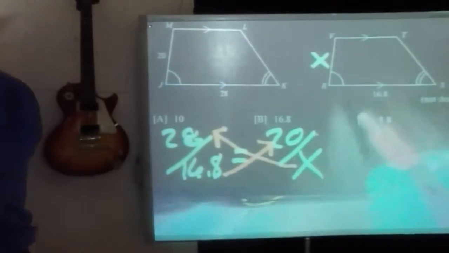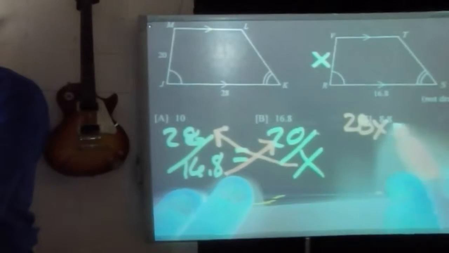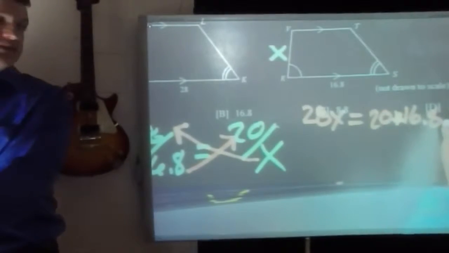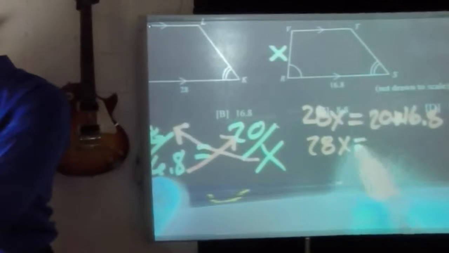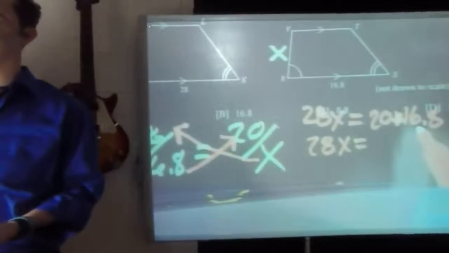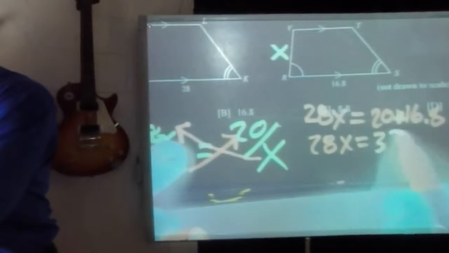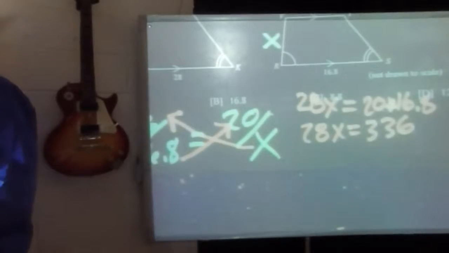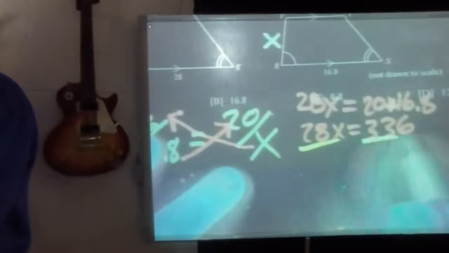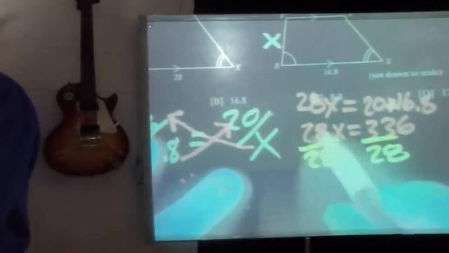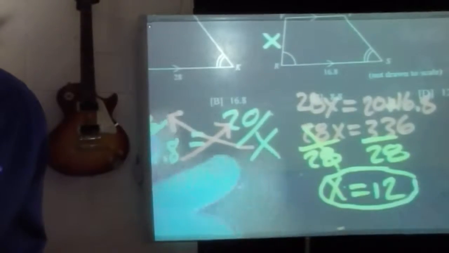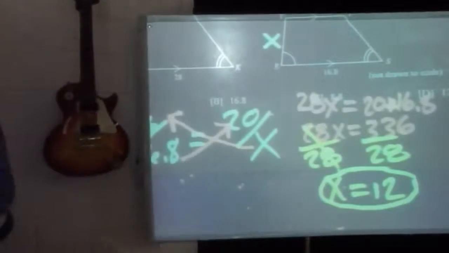Okay, 28x is 20 times 16.8. See, I always get the first one, then I don't know how to put the second one. Okay, 28x is 20 times 16.8, so what's this number? This is 336. Okay. And then divide the coefficient off. Divide both sides by 28. And x equals 12. That was it. 12 obviously was D.